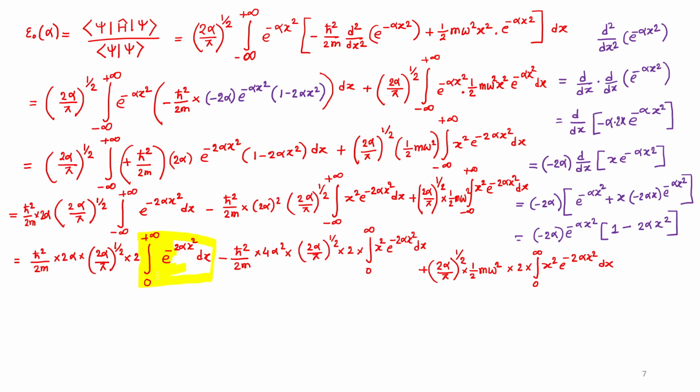There are three integrals, but we have to get the value of only two because two of them are the same. Let me highlight those two integrals for you.